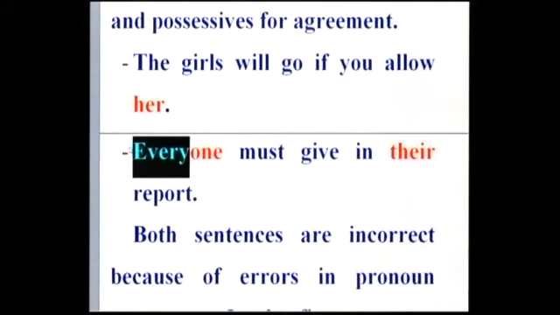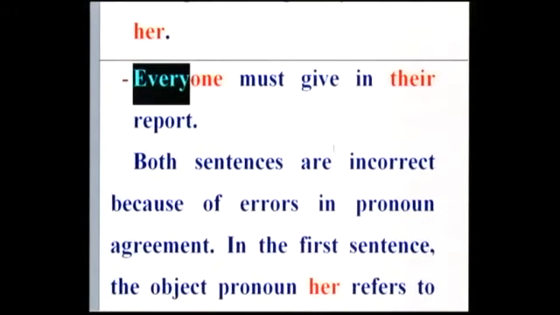The word every when it comes before anything, يعني لو قلت مثلا everybody, لو قلت everyone, لو قلت everything, لو قلت everywhere, every is always a singular word. يبقى لما أقول everyone must give in their report, there is plural. يبقى مفروض إنها تبقى إيه؟ everyone must give in his or her report. طيب.